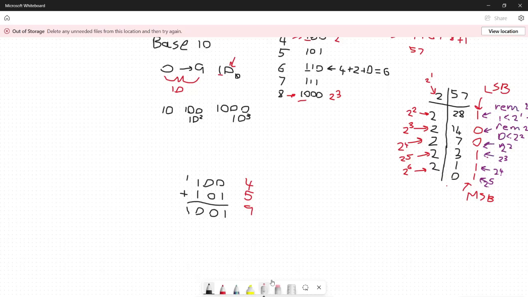Binary addition is very, very simple. Now, let's say we have a number like 101 minus 100. So 5 minus 4 now.